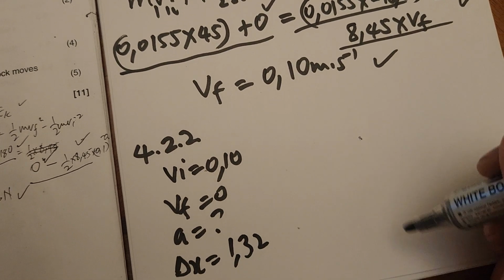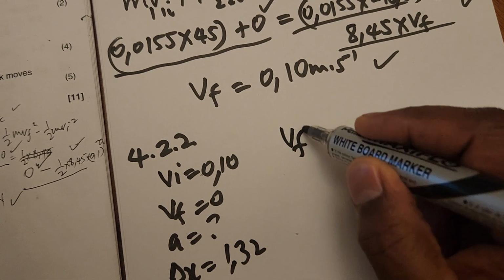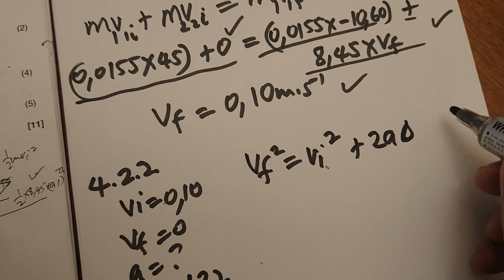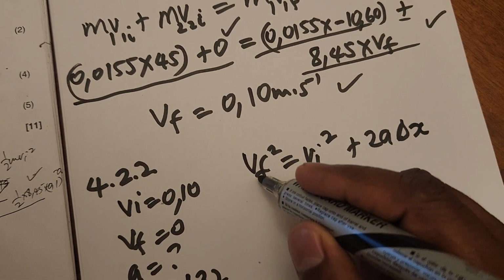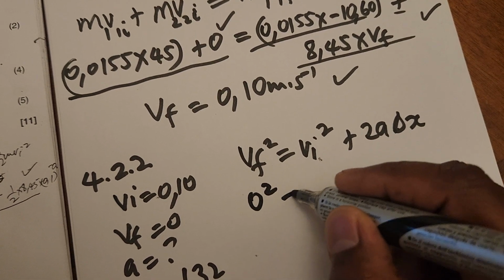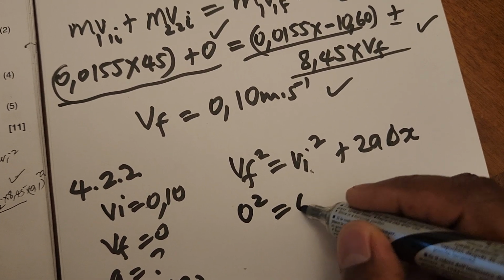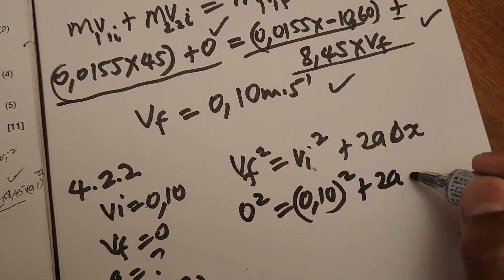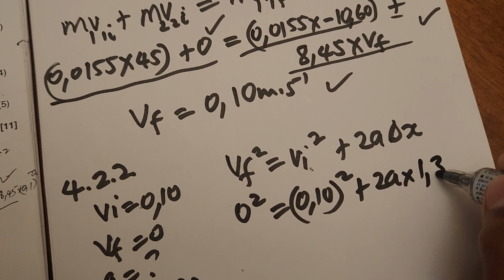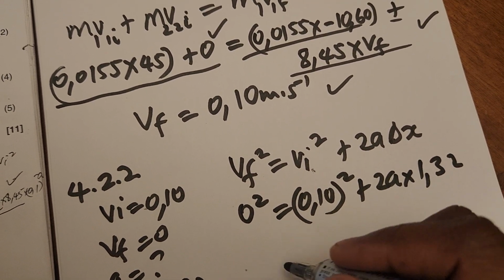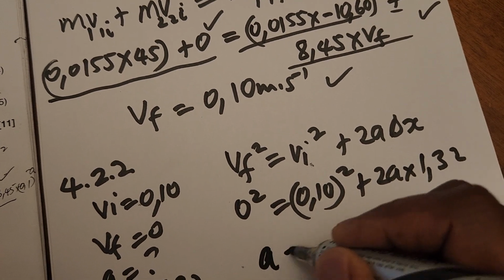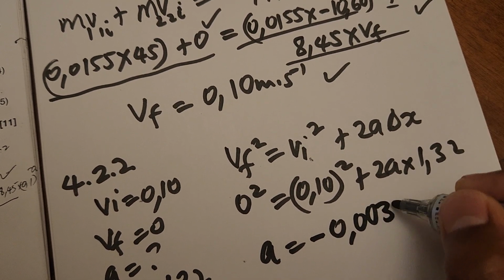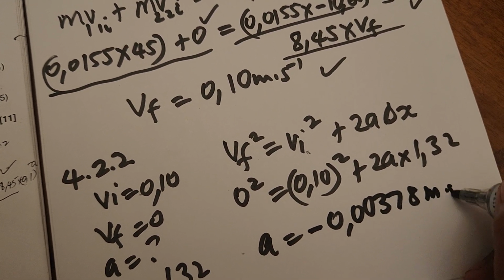Therefore the formula without time will be vf squared equals vi squared plus 2a delta x. 0 squared equals 0.10 squared plus 2a multiplied by 1.32. So our acceleration will be negative anyway. A should be negative 0.00378 meters per second squared.